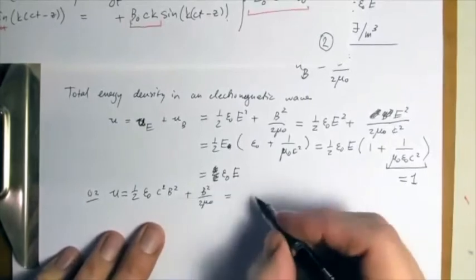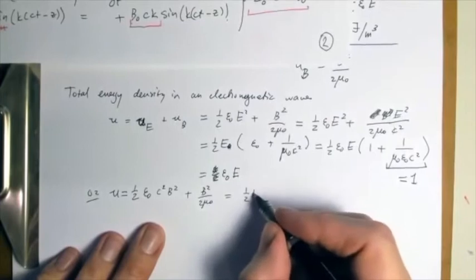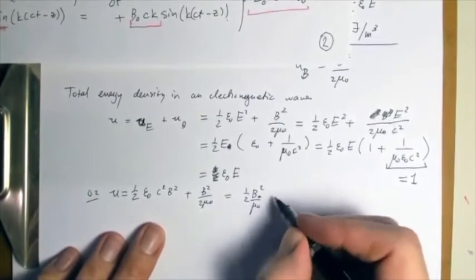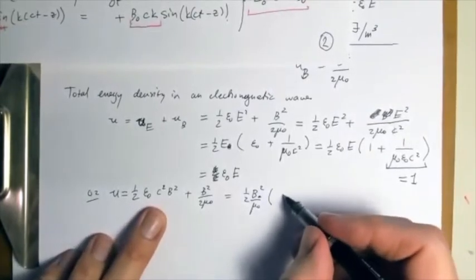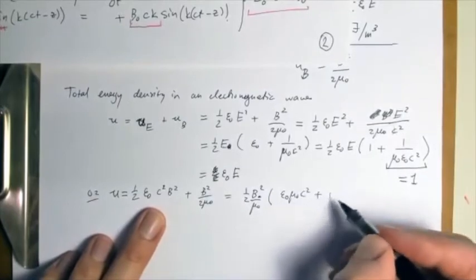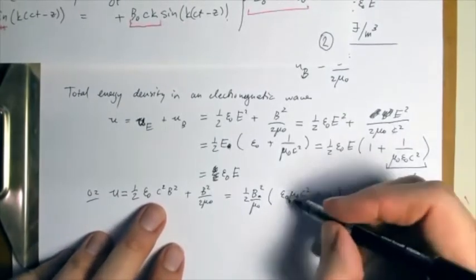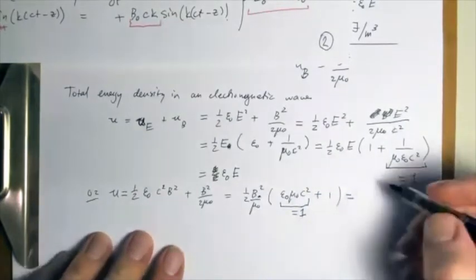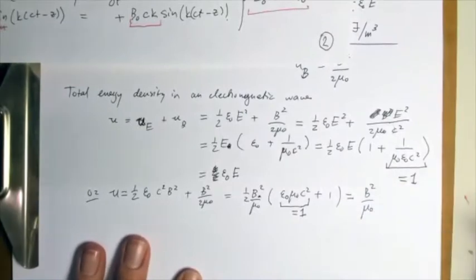And now we'll factor out the B squared and a half. And we'll pull out the mu naught as well. So then we get here epsilon naught mu naught c squared plus 1. And because this is 1 again, this is therefore 2. So the energy density is B squared over mu naught.